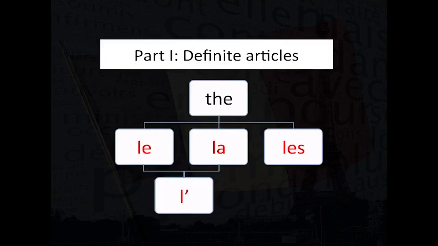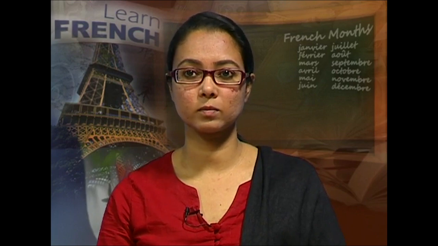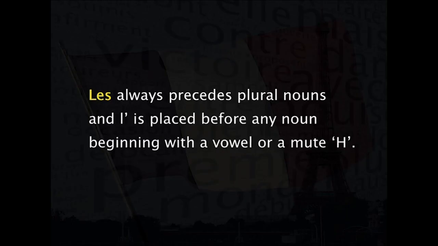We found out that the English definite article "the" has 4 forms in French: le, la, their variation l apostrophe, and les. Les and l apostrophe are relatively less complicated since the gender of the noun does not affect them. Les always precedes plural nouns and l apostrophe is placed before any noun beginning with a vowel or a mute h.